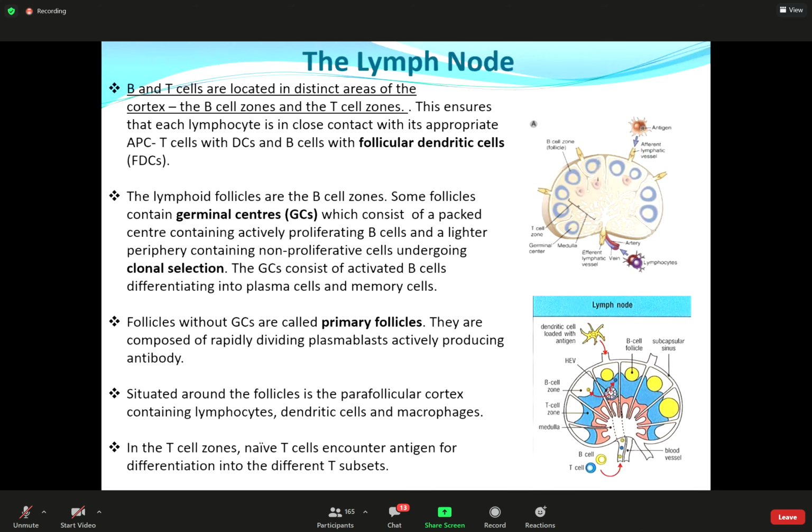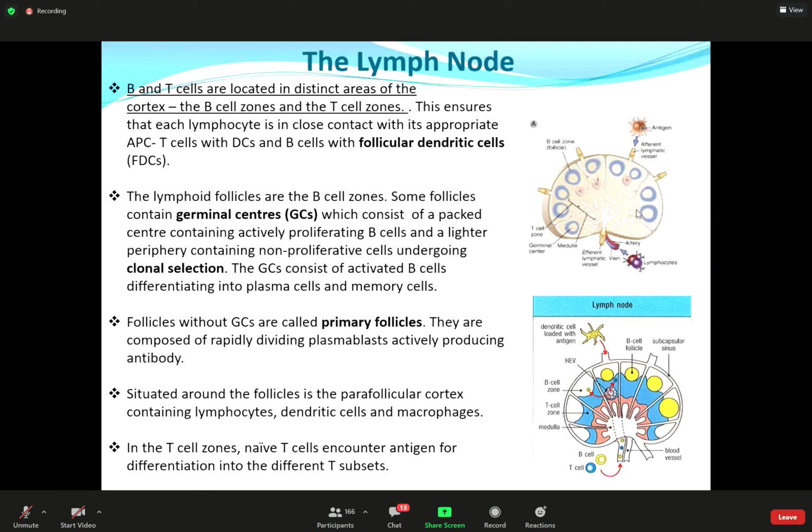Now, in order to understand the process of activation, as a result of antigen recognition, of the B cell from a naive B cell into an effector B cell, we need to look at the anatomy of one of these secondary lymphoid organs, like a lymph node.